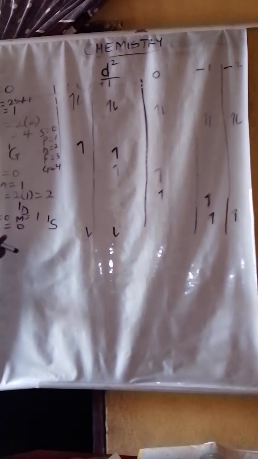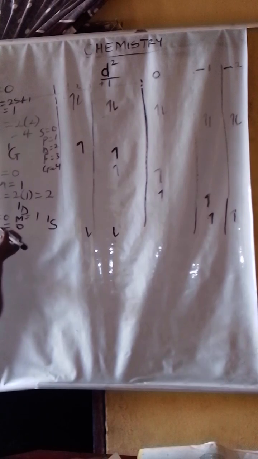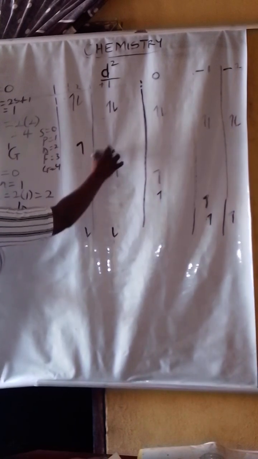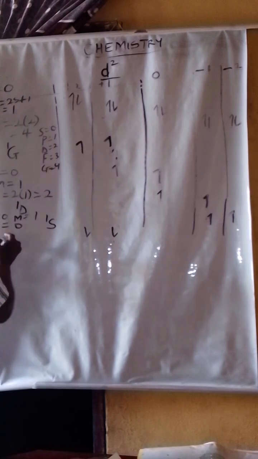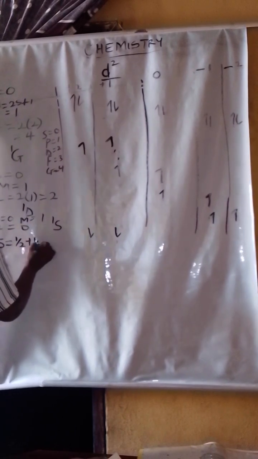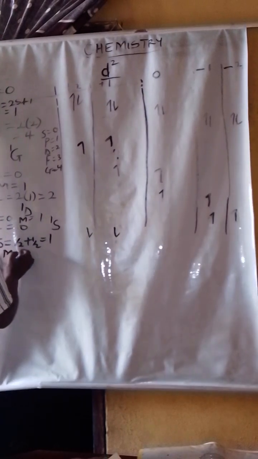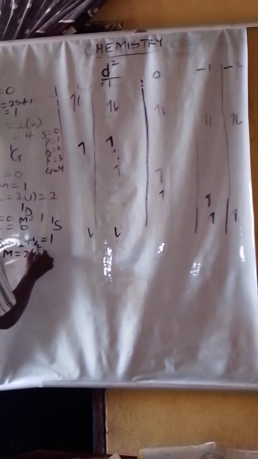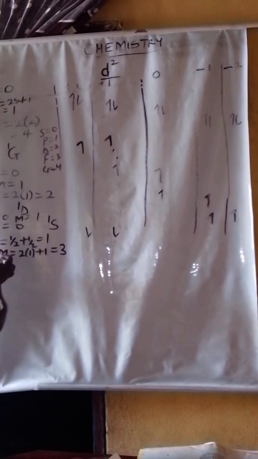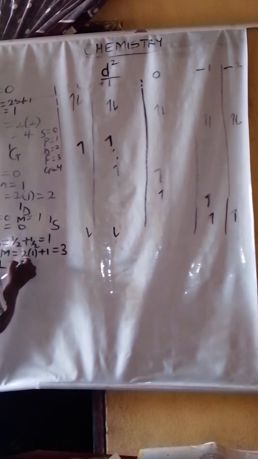If we have spin down, when we have spin up, this is spin up, we have x to be half plus half, and that will give us what? 1. And our m will be equal to 2 into bracket 1 plus 1, and that is going to give us what? 3. We have L equals 2.